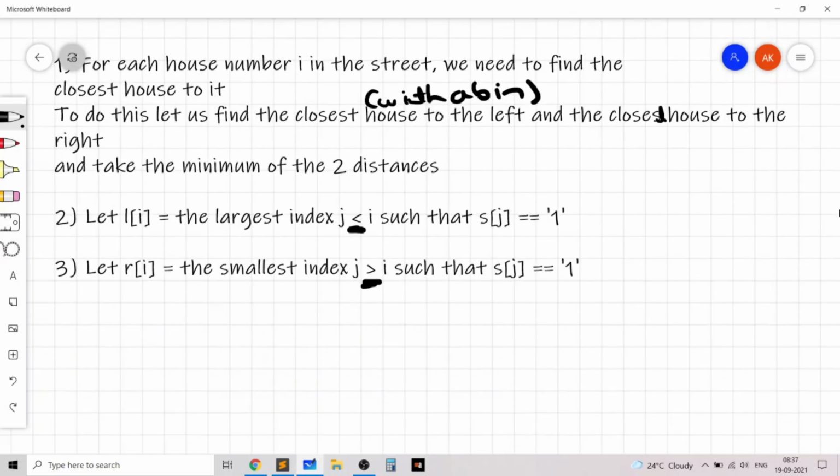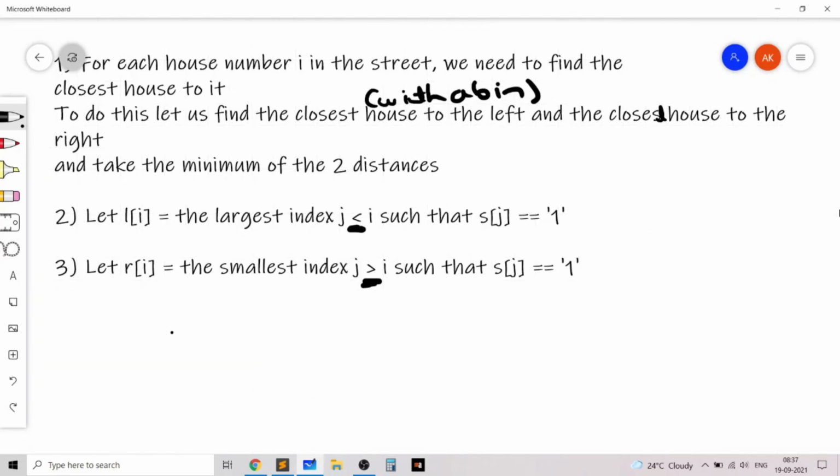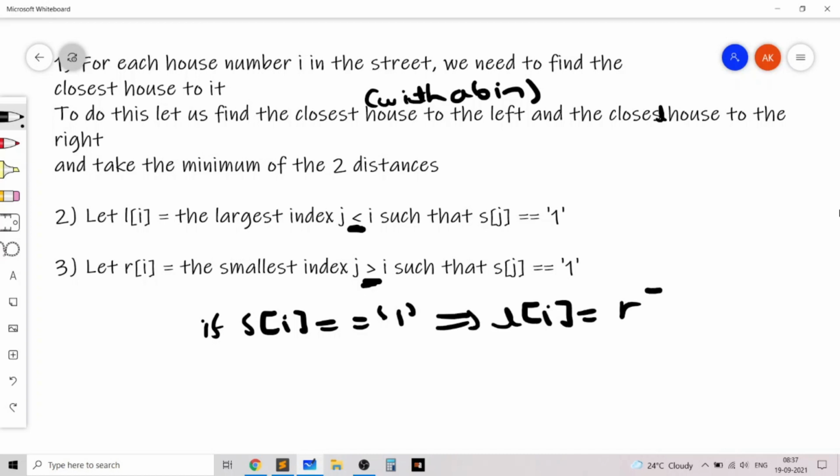To compute L of i and R of i, note that if S of i is 1, then L of i is equal to R of i is equal to i, because the closest house on either side will just be i, and this will be our base case.